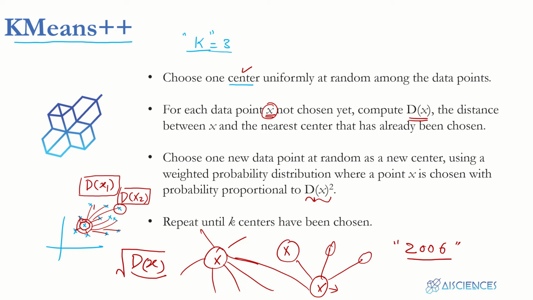Pick the third centroid so that it is not close to the already chosen 2 points, meaning the third centroid is far away from the second centroid, which is closest to it. And similarly pick the fourth centroid and fifth centroid and so on. So that's one better initialization strategy in K-means. Interested readers are directed to see the details in the 2006 paper that explains K-means++.